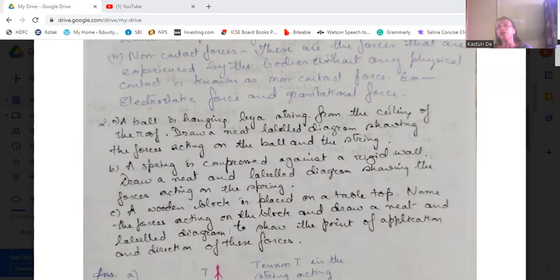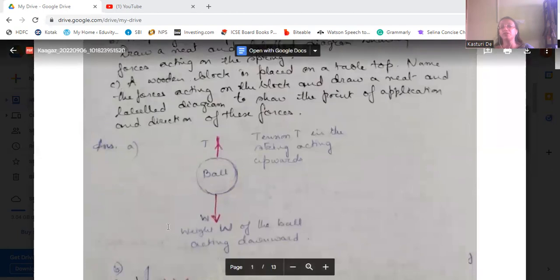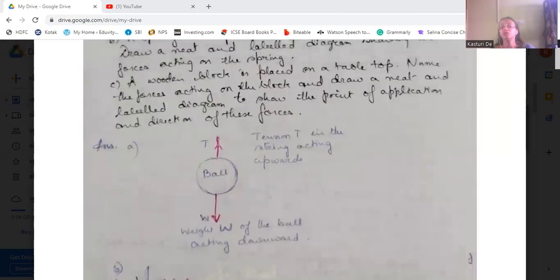So the first question: a ball is hanging by a string from the ceiling of the roof, and we need to draw the diagram. If this is the roof from which the ball is hanging, there will be two forces acting upon the ball.